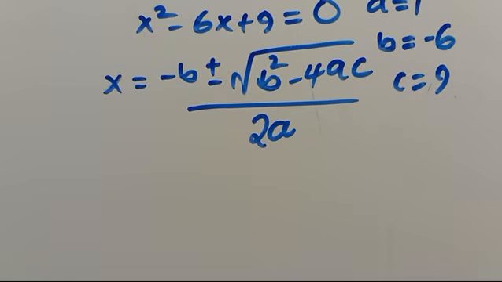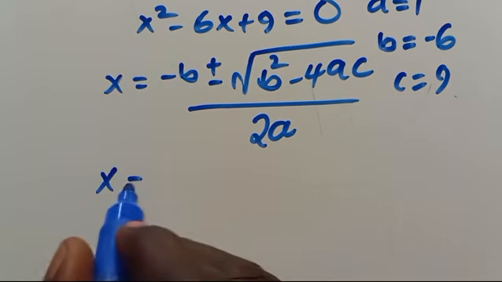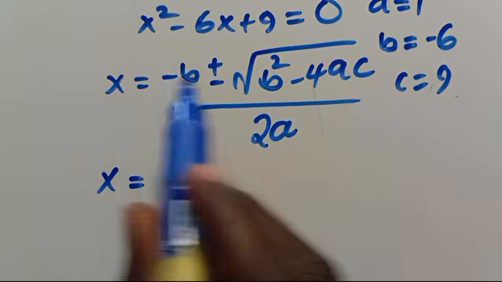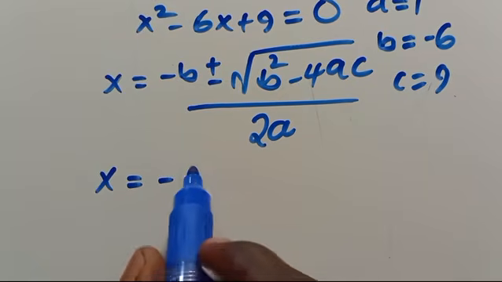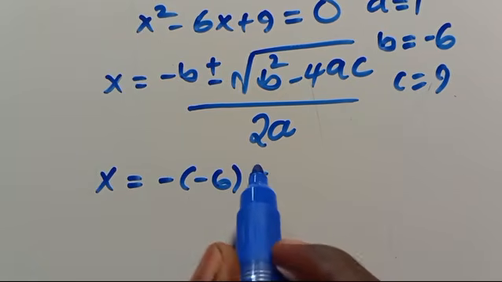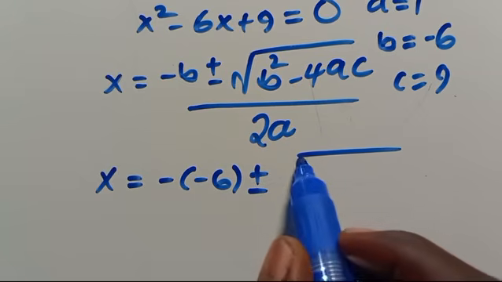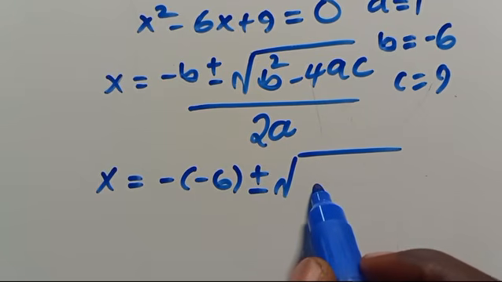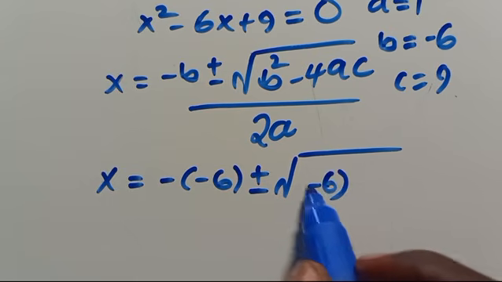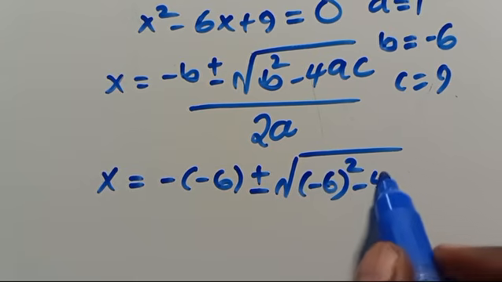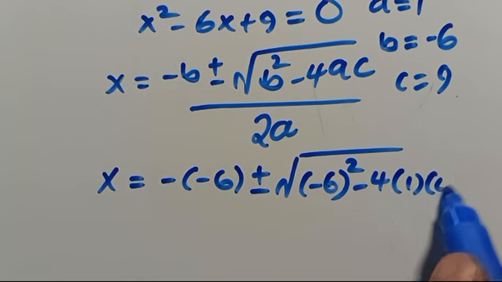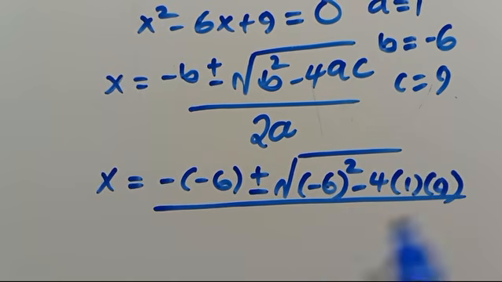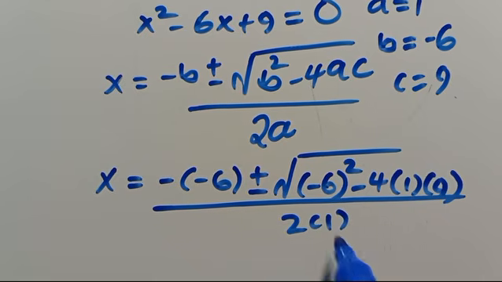So from here, guys, we have x equals minus into minus 6, positive or negative, square root of (minus 6) to the power of 2, minus 4 times a, which is 1, times c, which is 9, over 2 times a, which is 1.